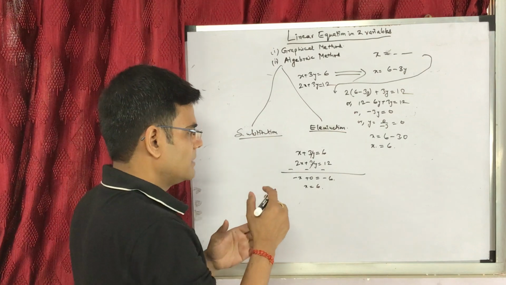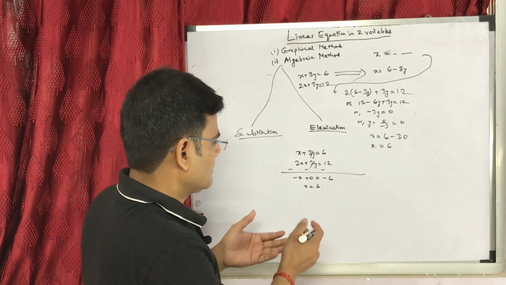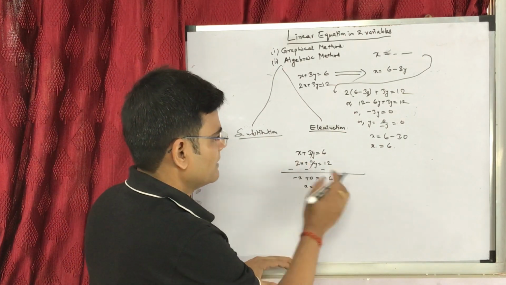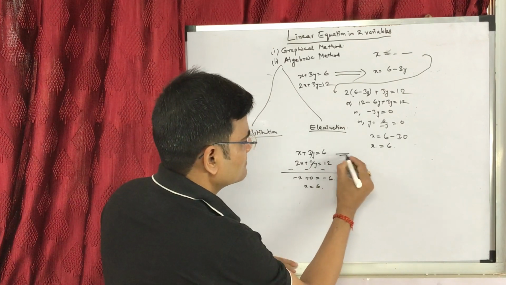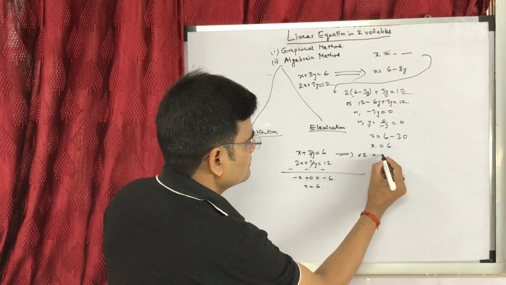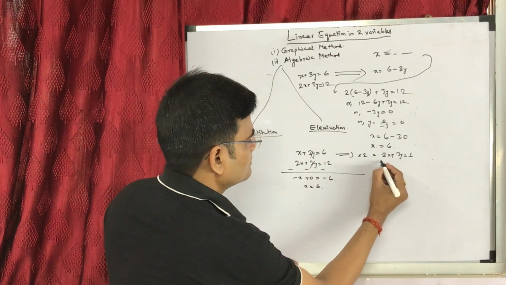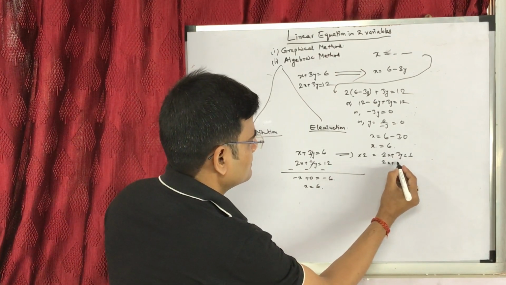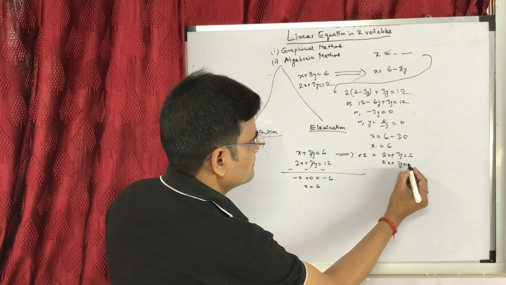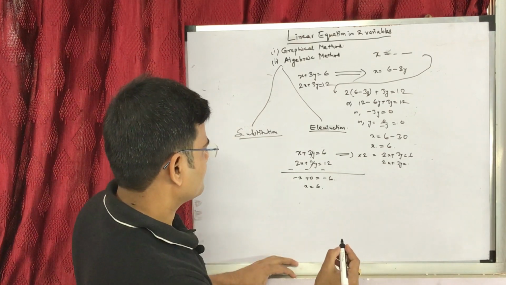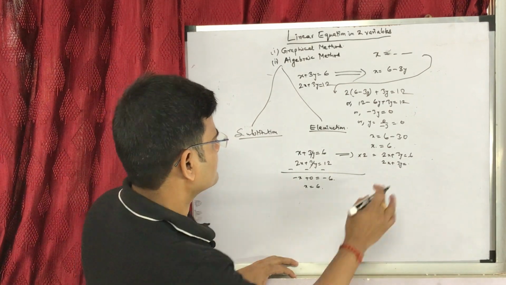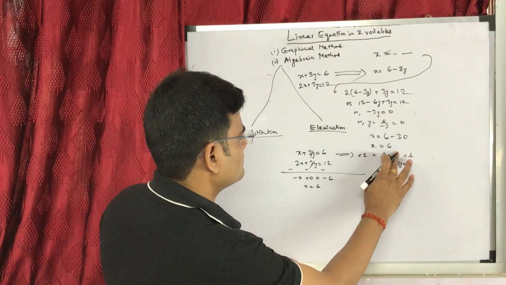Or if you want, make x double this, multiply by 2 to make this equal. 2x plus 3y equals 6, 2x plus 3y equals 12. We multiplied by 2, right?